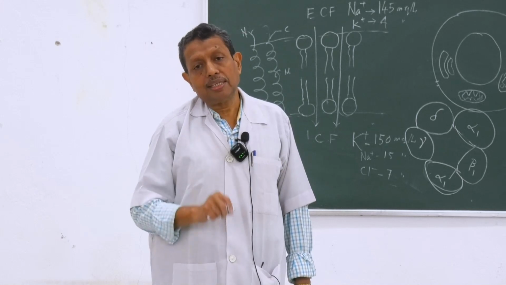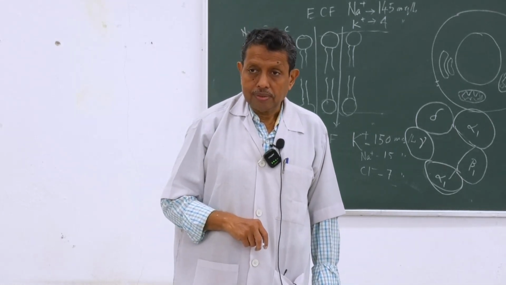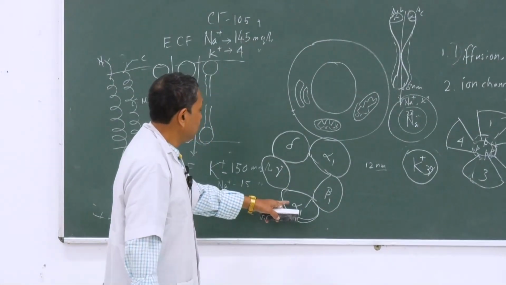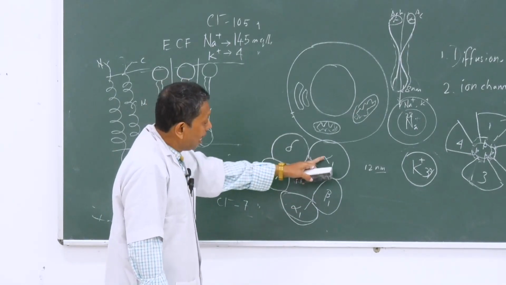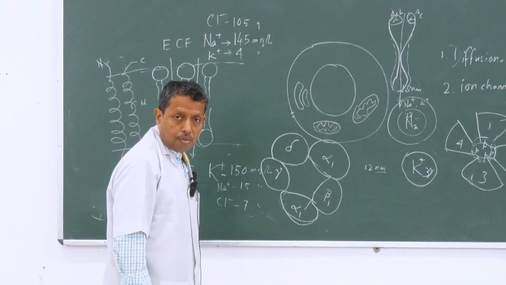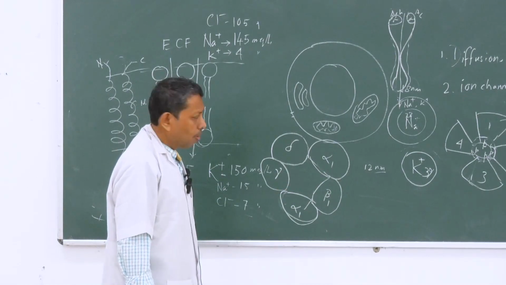Similarly, there are also other channels, and they form mainly pentamers. This pentamer is alpha, beta, alpha, gamma, delta or epsilon, and there may also be subtypes for different muscles, different areas also.